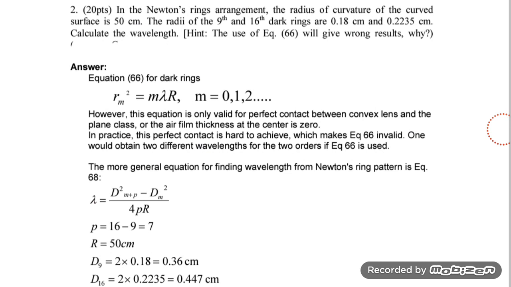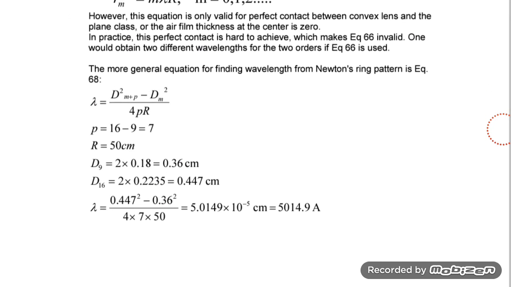By putting the values in the formula, we have lambda equal to 5.0149 into 10 to the power minus 5 centimeter, that is 5014.9 angstrom.